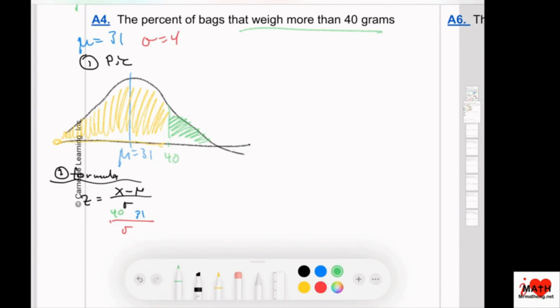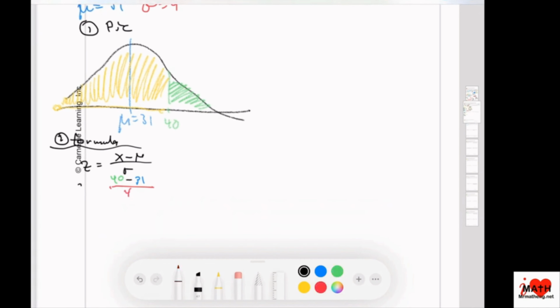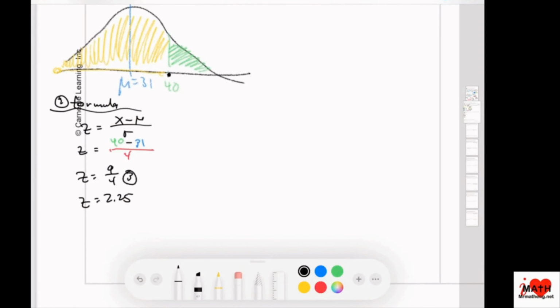And if you recognize what's happening, some kind of hint here is when you put the standard deviation and you get a z-score, you're going to get a positive number, right? 9 divided by 4 is a positive number. And that should tell you that it's over here to the right. Okay, so 9 divided by 4 will give me a z-score of 2.25.